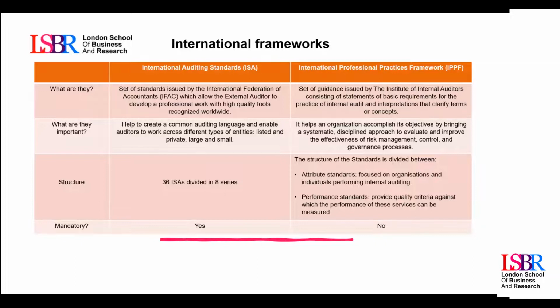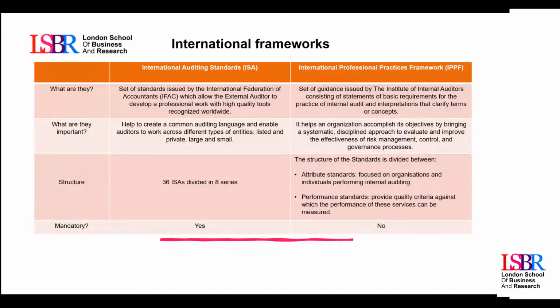For example, if we practice an audit in, I don't know, maybe in the UK, if you review this audit in the Philippines, you can understand the processes that the external auditor followed. So the International Audit Standards are important because they create an international language.